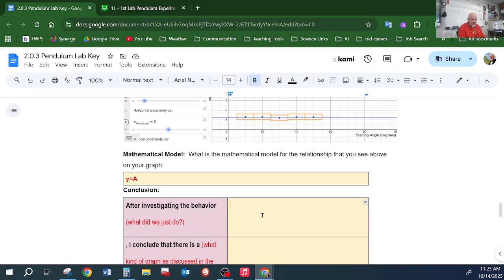Well, we found out that there is a relationship between the angle of a pendulum and the time it takes to complete one swing.